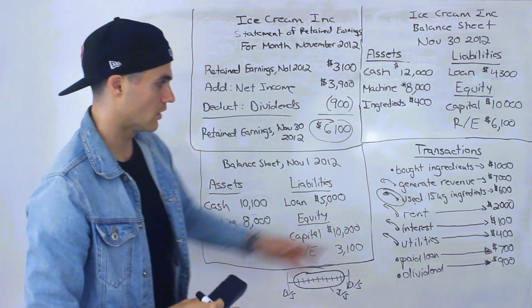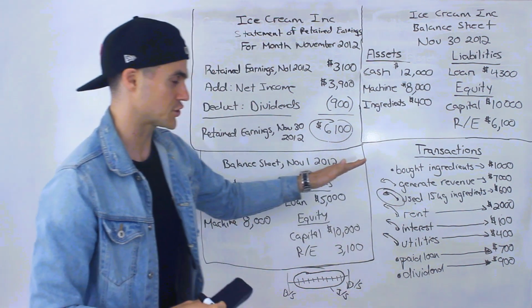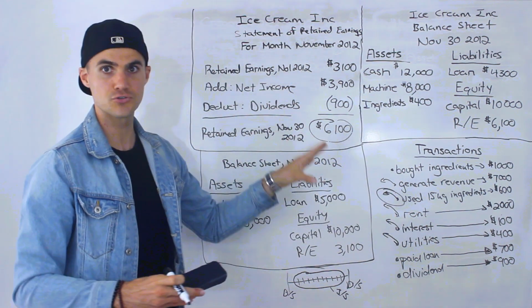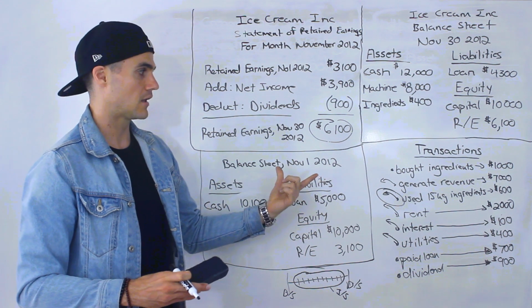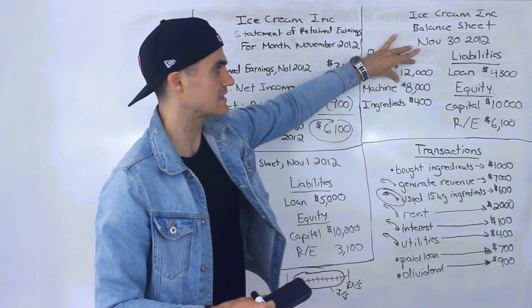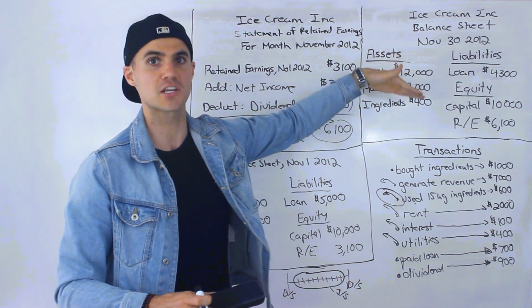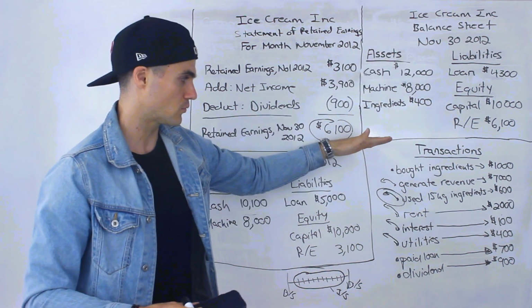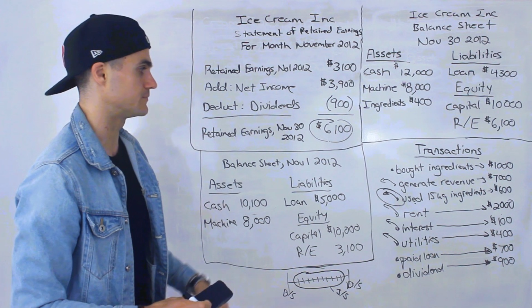But notice that almost all these transactions, except for that ingredients expense that got incurred, all these other transactions, notice how they all used cash. And if you remember, when I was going through this scenario, I kept on erasing this cash account a lot of times and adjusting it, right? When I was going through each transaction.